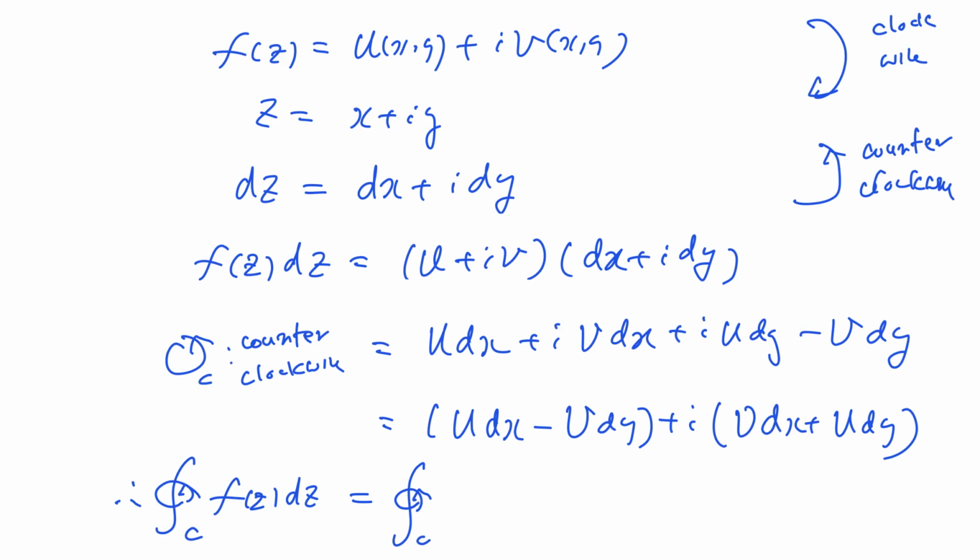Now we are back to the screen. So clockwise and counterclockwise. So that means the integral is u dx minus v dy plus i times v dx plus u dy.